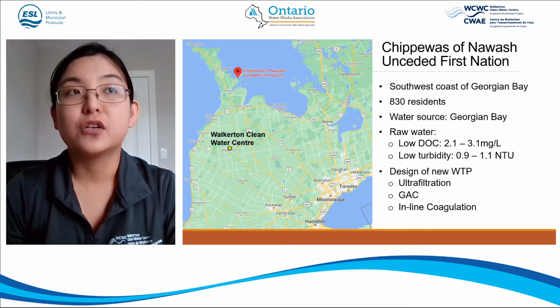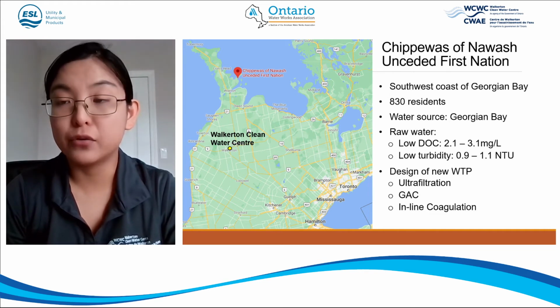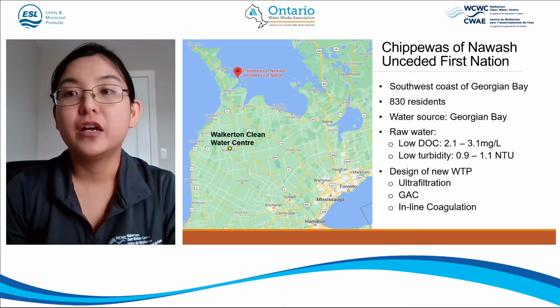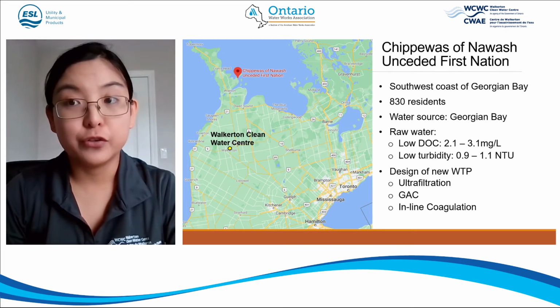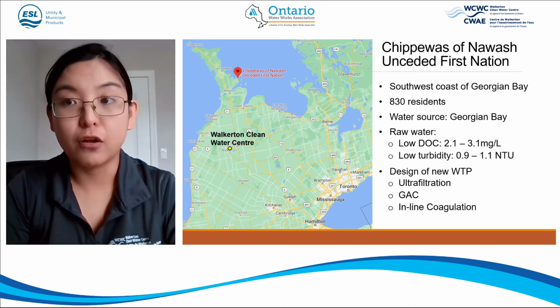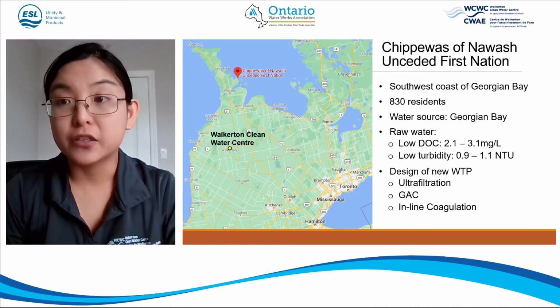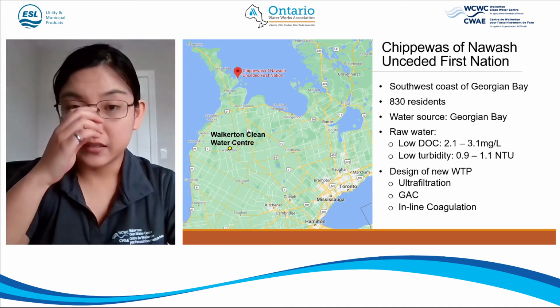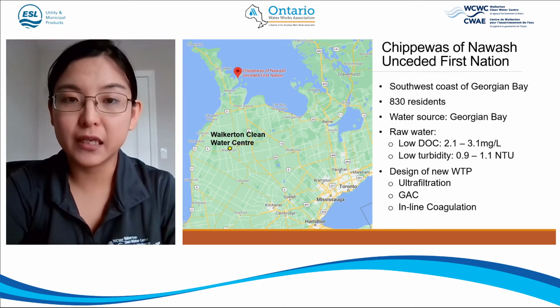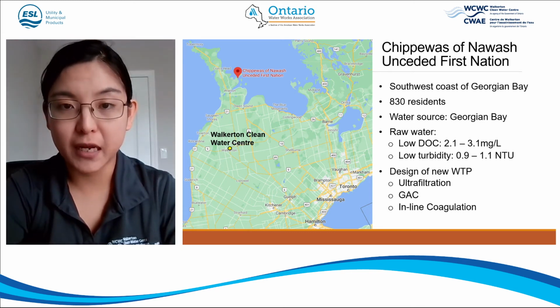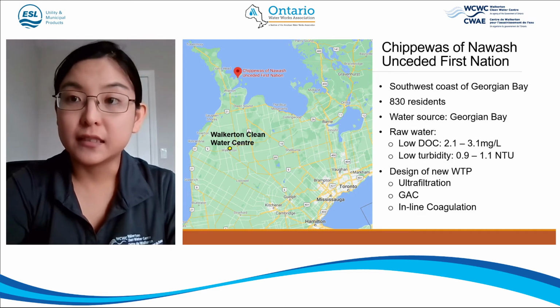So far, they're using coagulation, inline flocculation, followed by pressure filter, followed by cartridge filter, UV disinfection, and chlorination. That's their current treatment. However, they're going to get a new plant, and they expect to have a membrane system for this, because when we look at their SUVA value of their natural organic matter, it's less than 2.